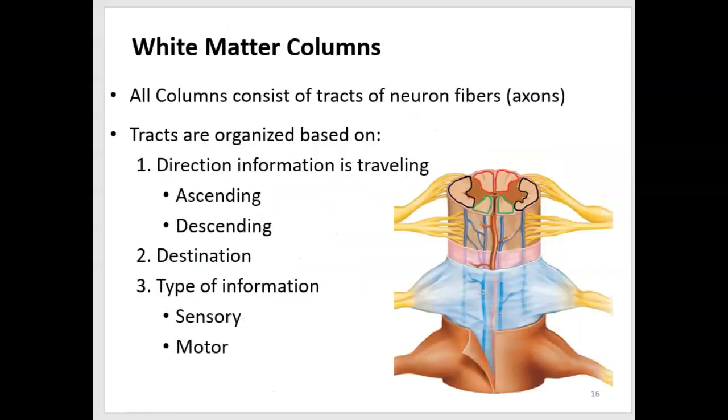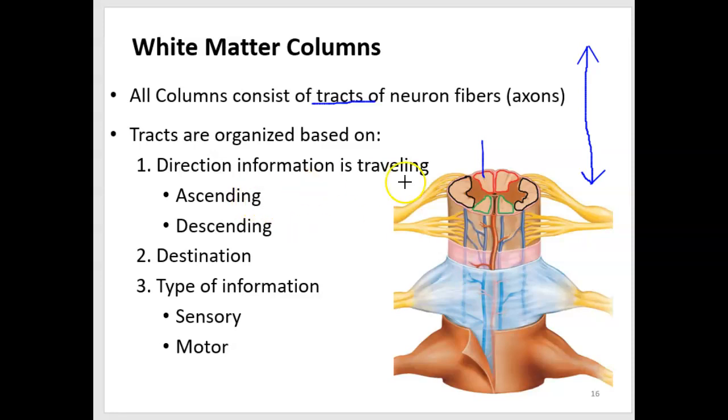Okay, let's look at the organization of white matter a little bit. As you know, the white matter is subdivided into columns, and information or neural impulses are traveling superior and inferior in these white matter columns. The columns are subdivided into tracts. So for example, this posterior column that's circled red is subdivided into different regions called tracts.